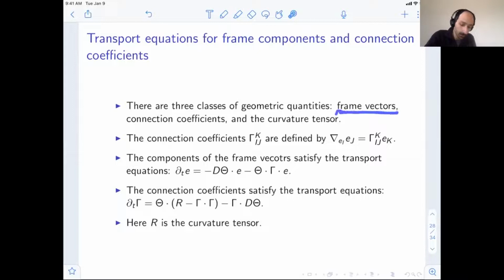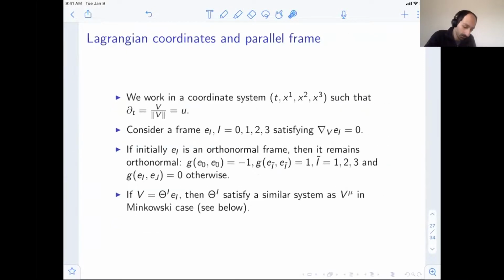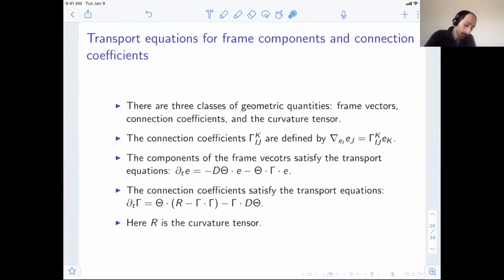For the frame vectors, I need to control the components of them in the coordinates that I'm working with. So the components of this Ei in these coordinates, so basically Ei mu is what I need to control. Then there are the connection coefficients, gamma ijk, which are the usual connection coefficients: nabla Ei Ej is gamma ijk Ek. So I need to control those.